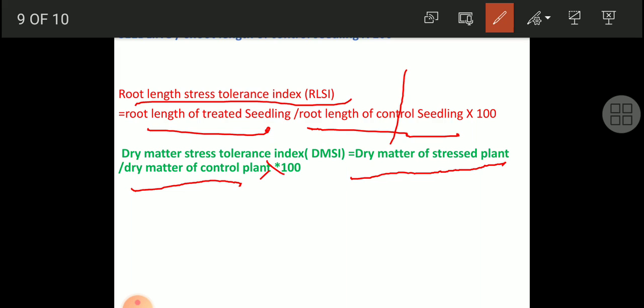When we want to calculate the stress tolerance, at that time we first take the root length of the treated seedlings, and that is to be divided by root length of control, which we have maintained simultaneously, multiplied by 100. That is nothing but the root length stress tolerance. So with this, thank you very much, my friends.